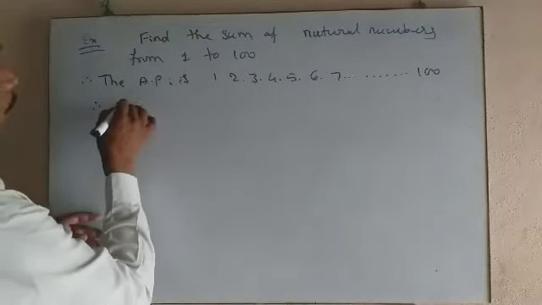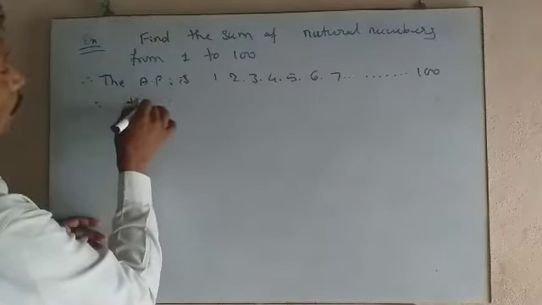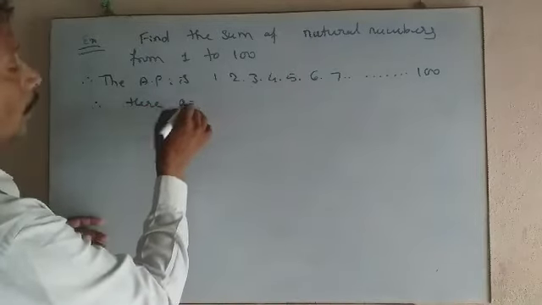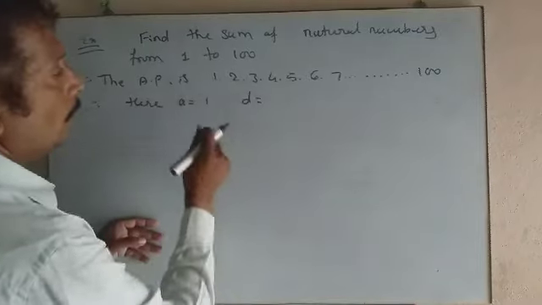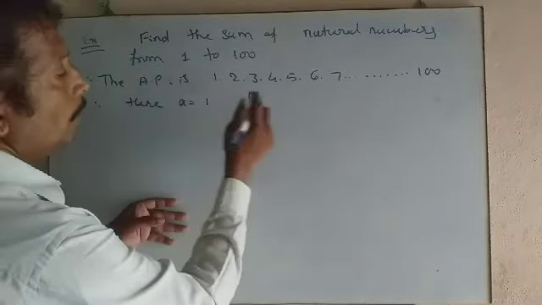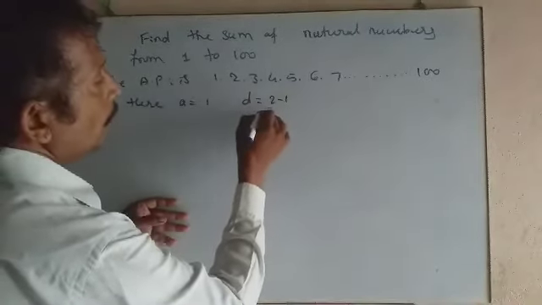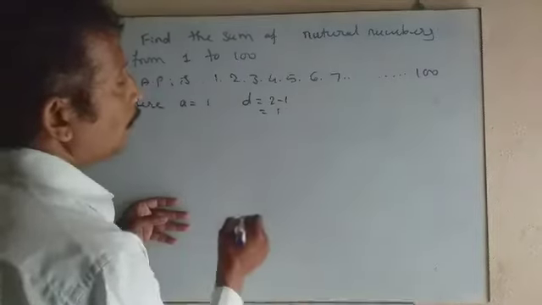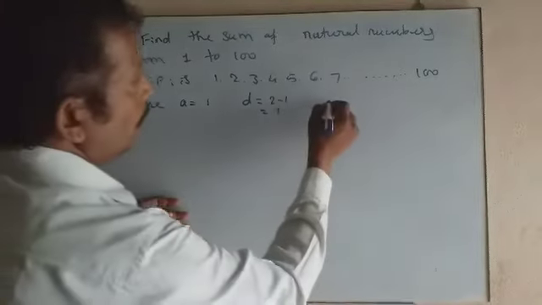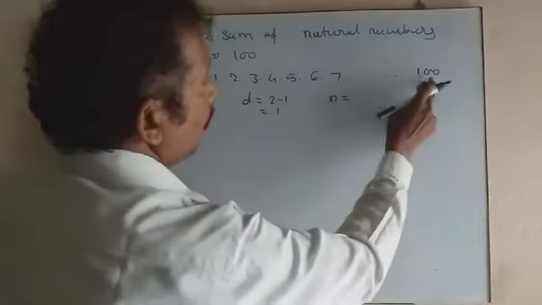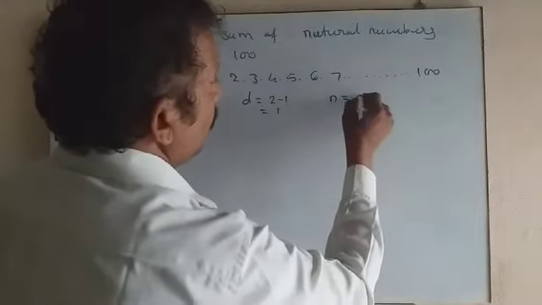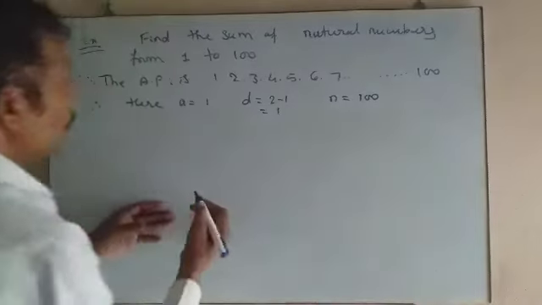Therefore, here a is the first term, it is 1. d is the common difference, it is a2 minus a1, 2 minus 1, it is 1. And n is the number of terms in the AP, which is 100. n is equal to 100.